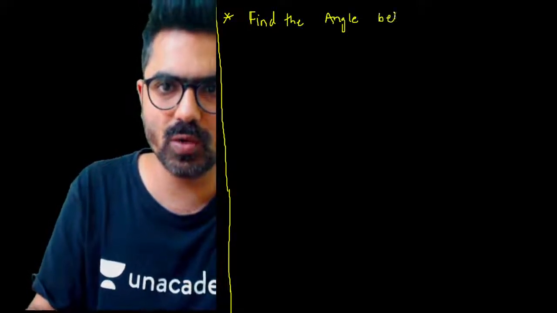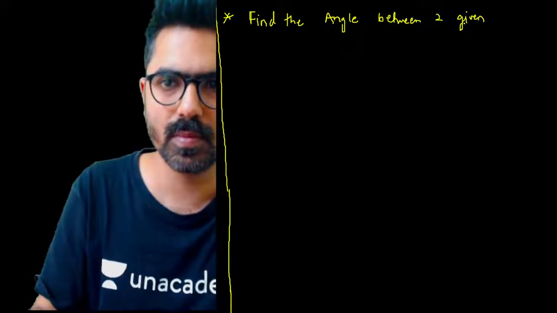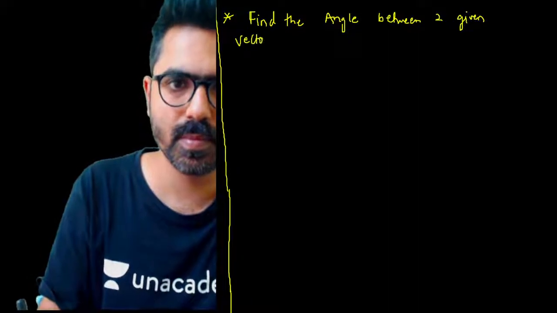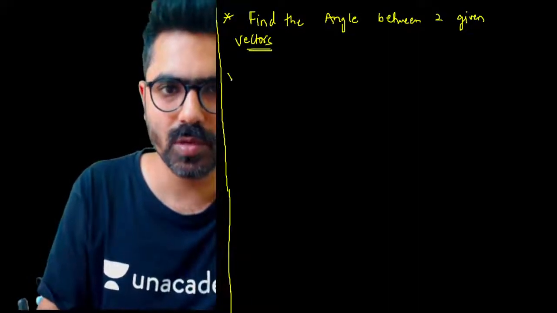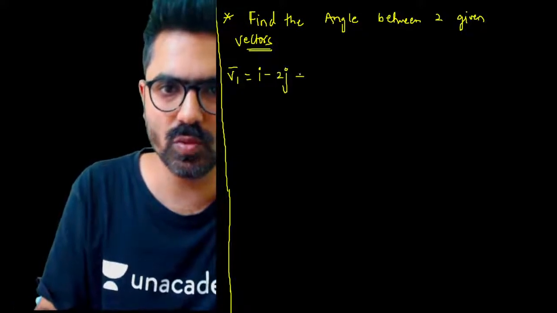Find the angle between two given vectors. Okay, vector 1 is i minus 2j plus 2k.